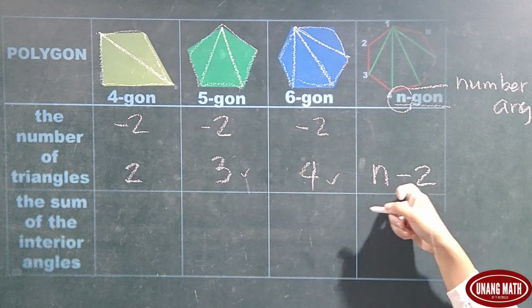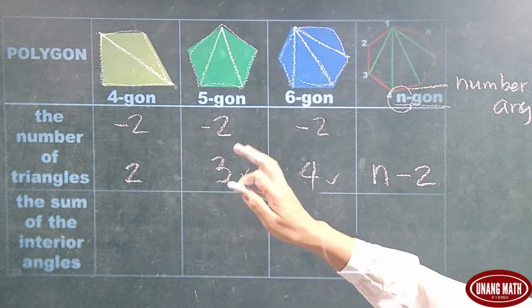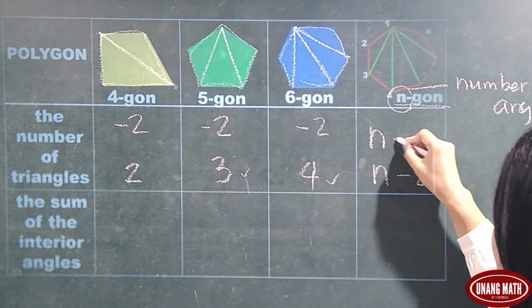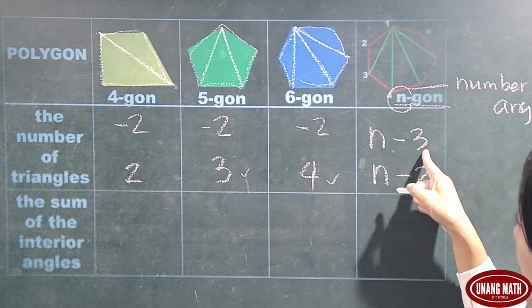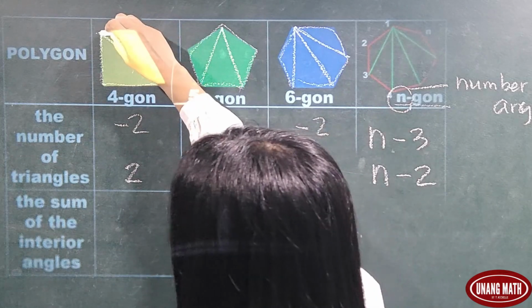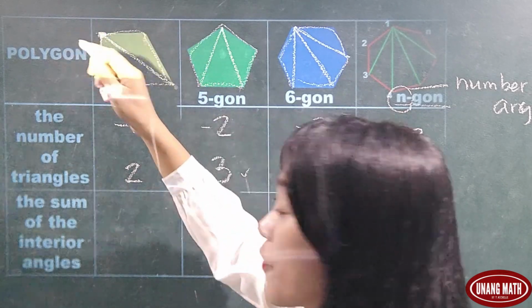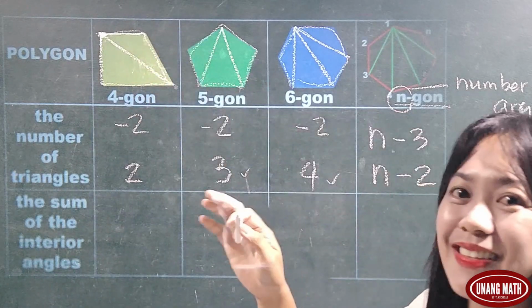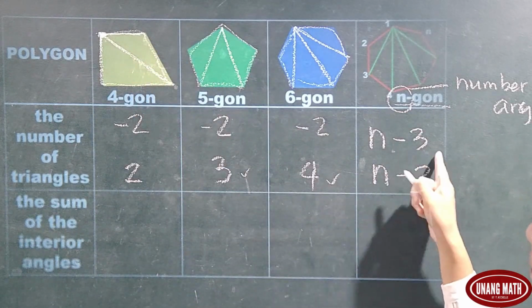Okay, but why minus 2? Remember, to find the number of diagonals, it's n minus 3. Minus 3 here because we need to subtract the vertex itself and the two adjacent sides. That's why it's n minus 3.